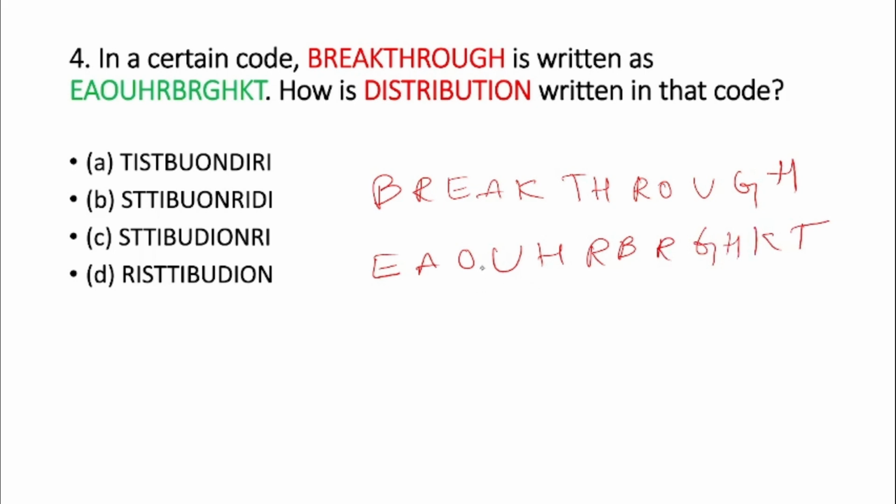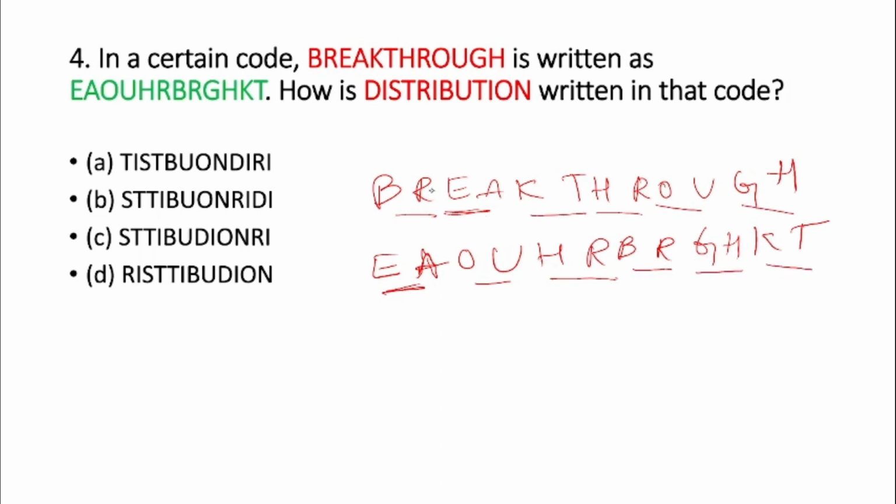While writing it down, we get an idea that they just jumbled the letters in the given word, right? EA came here, OU came here, HR is here, BR is here, and GH and KT.